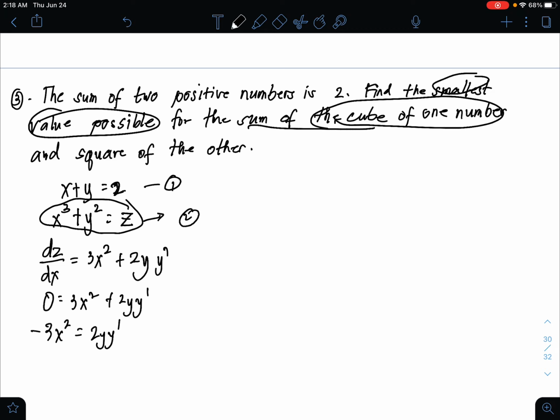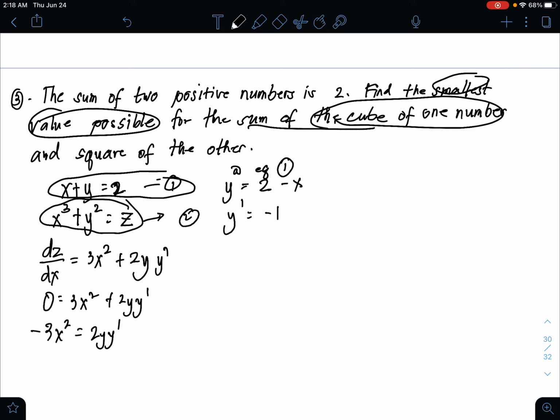Okay? So y prime we can get from equation 1. So y prime, or y first, is equal to 2 minus x. So dy over dx, with respect to x, y prime is equal to negative 1.